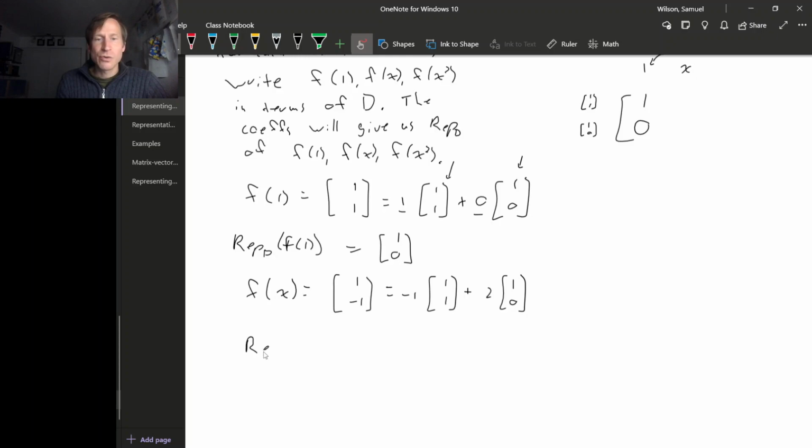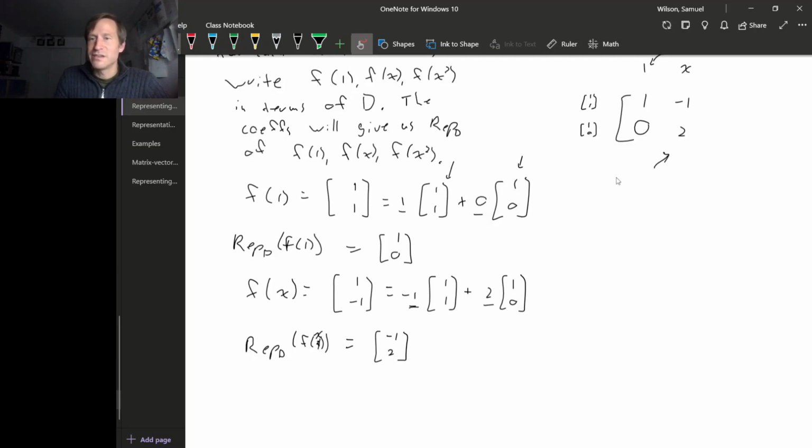Okay, so what does rep D do to this? Sorry, this shouldn't be a 1, this should be an x. Rep D just pulls off these coefficients, so -1 and 2. So in the column for our matrix corresponding to the basis element x, the coefficient for the basis vector (1, 1) is -1, right, from here, and the coefficient for the basis element (1, 0) is 2, right?